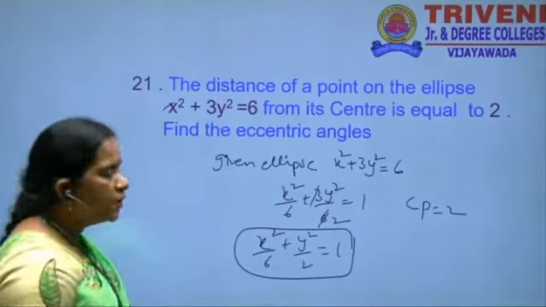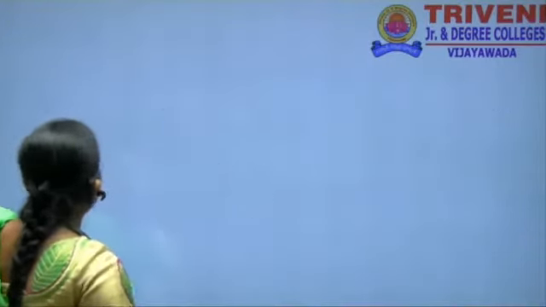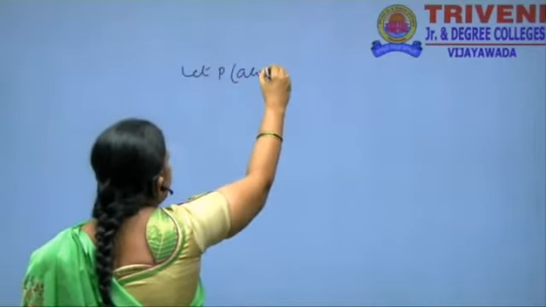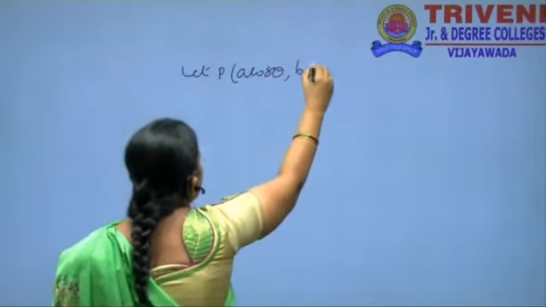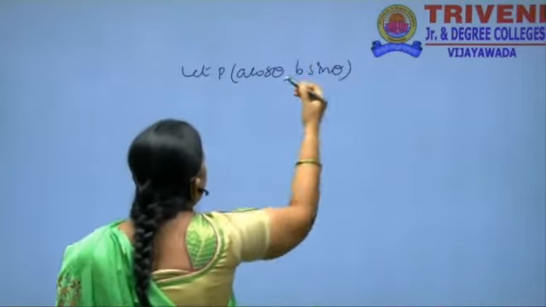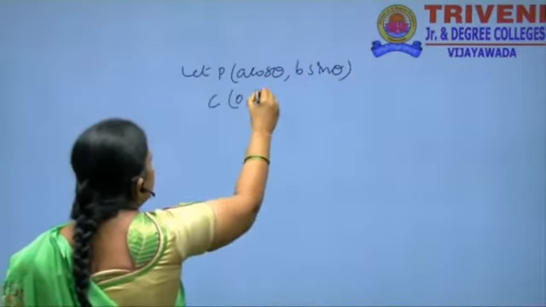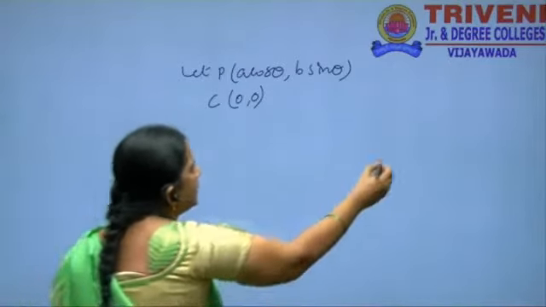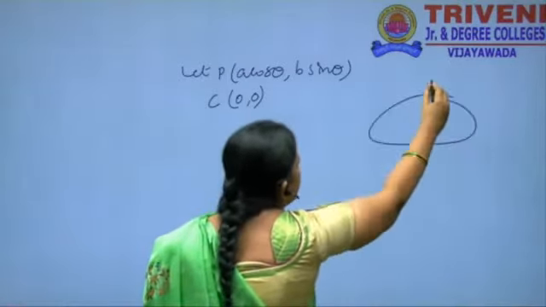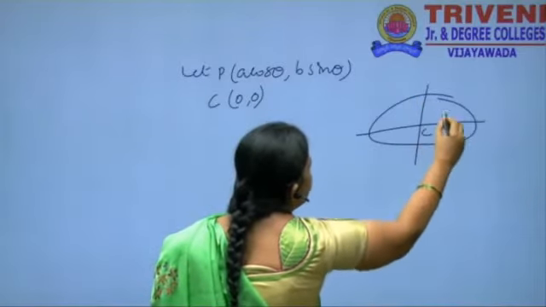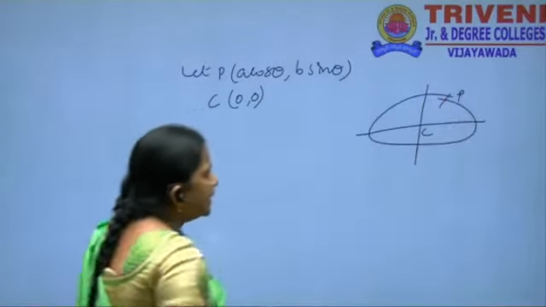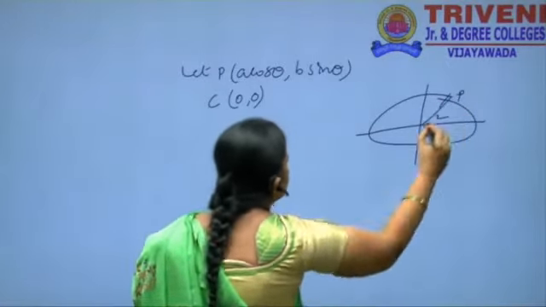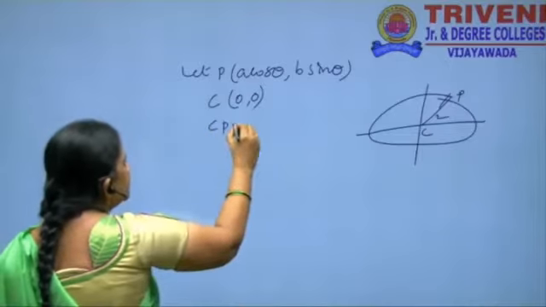Here the value of P, let P be a cos theta comma b sin theta, the parametric equations, and the center is 0 comma 0. C is the center of the ellipse and P is any point on the ellipse. Then the distance between C and P is given, that is 2.